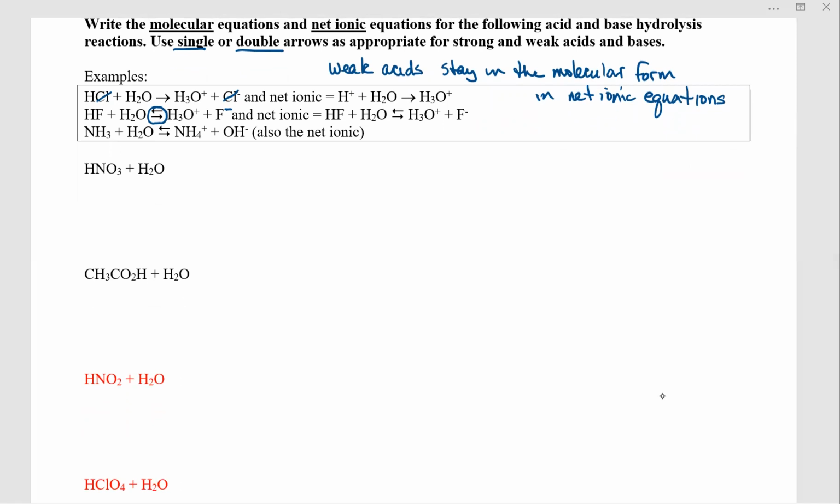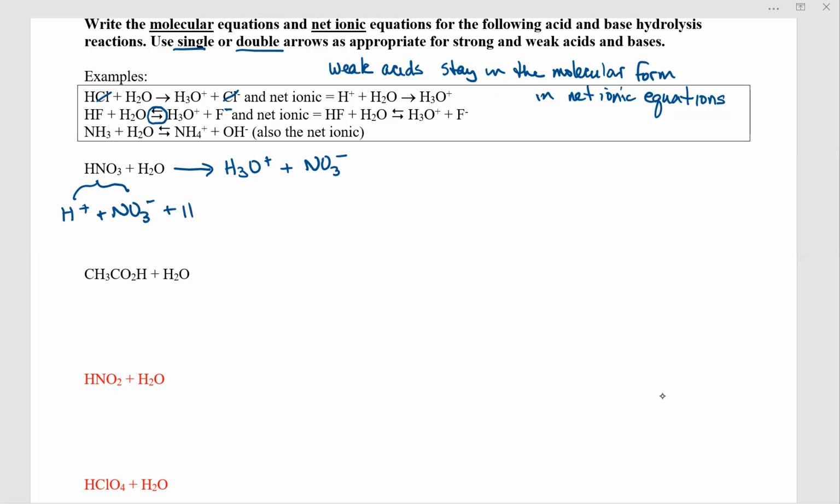So HNO3 plus H2O, we are going to generate in one way because HNO3 is a strong acid, the hydronium ion plus NO3 minus. Now, remember that because this is a strong acid, it is going to dissociate into H+ and NO3 minus.